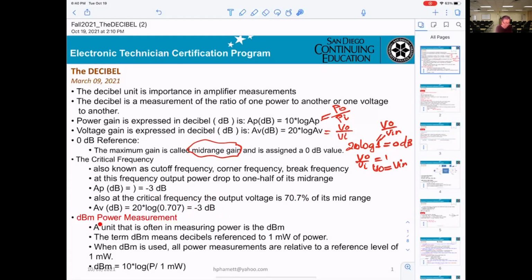dBm, power measurement. A unit that is often used in measuring power is the dBm. That means you're working in the lab. When you measure the power, you will get dBm. The test equipment gives you dBm.